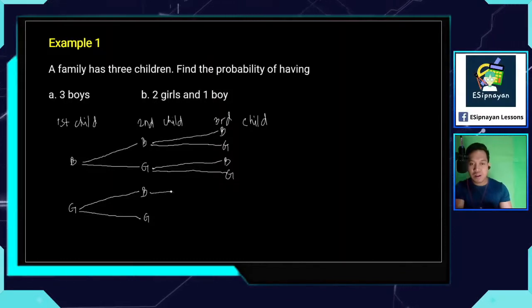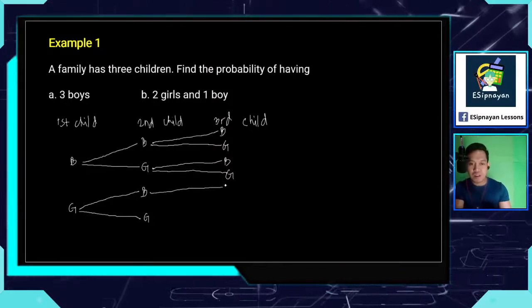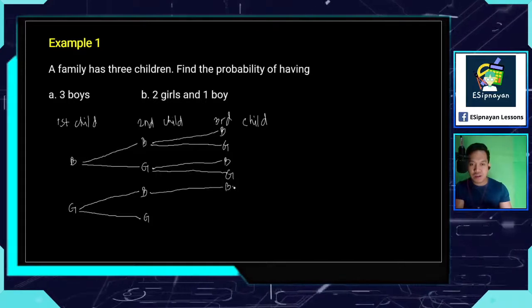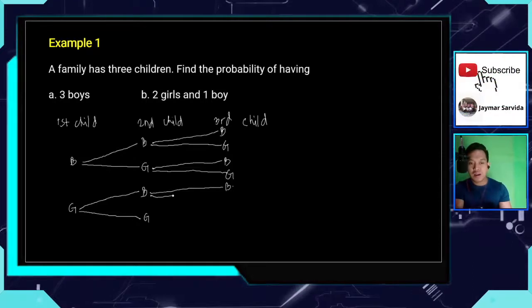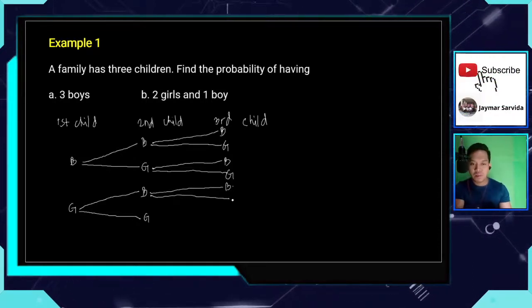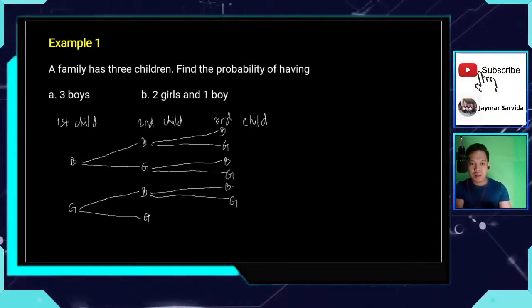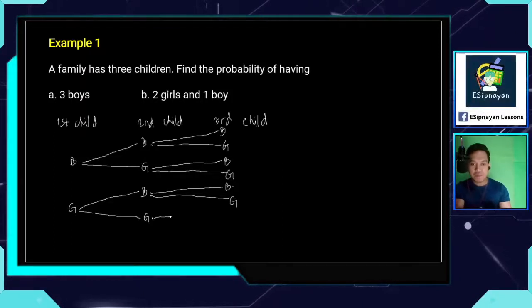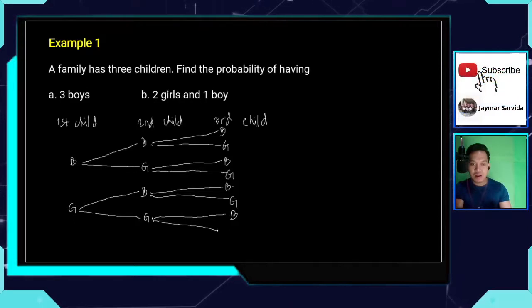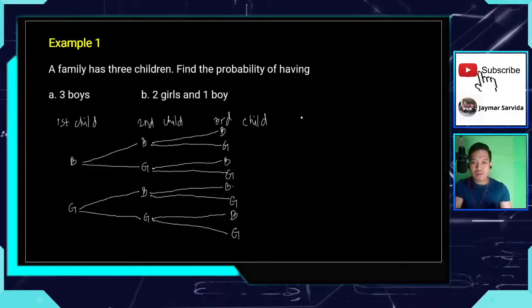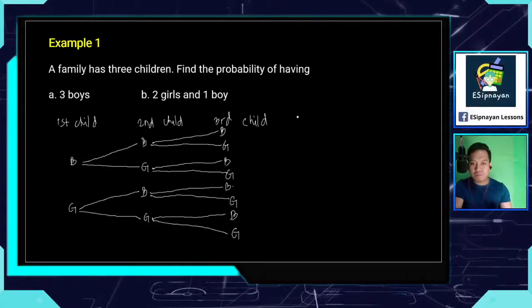So, girl, pwede siyang girl, tapos dalawang boys. Girl, boy, boy. Or pwedeng girl, boy, girl. Then next naman is pwede siyang maging boy, girl, girl, boy, or girl, girl. Puro girls.